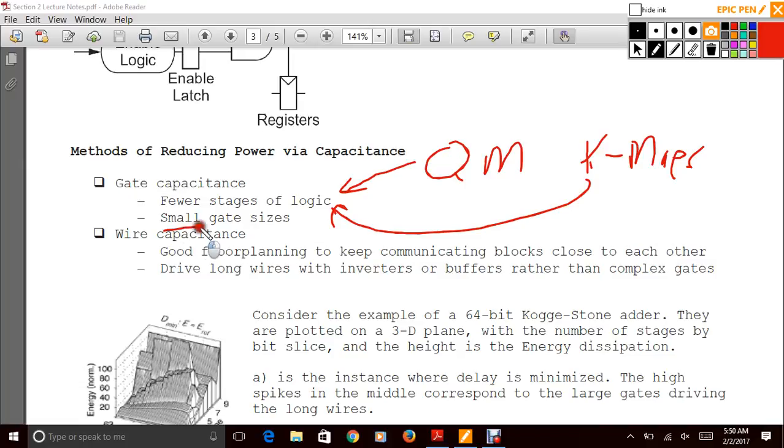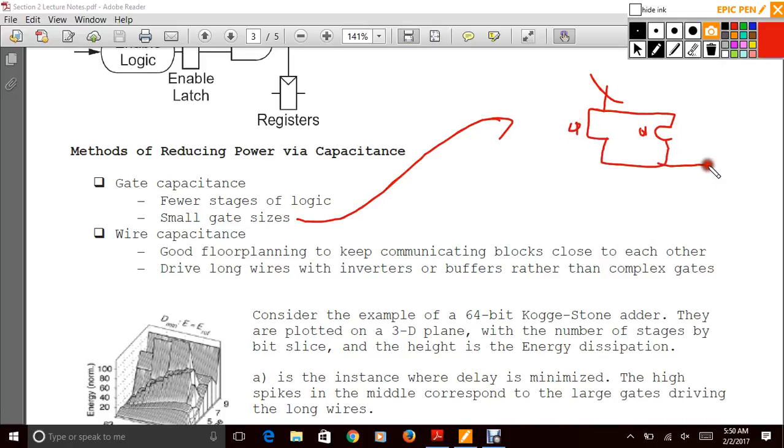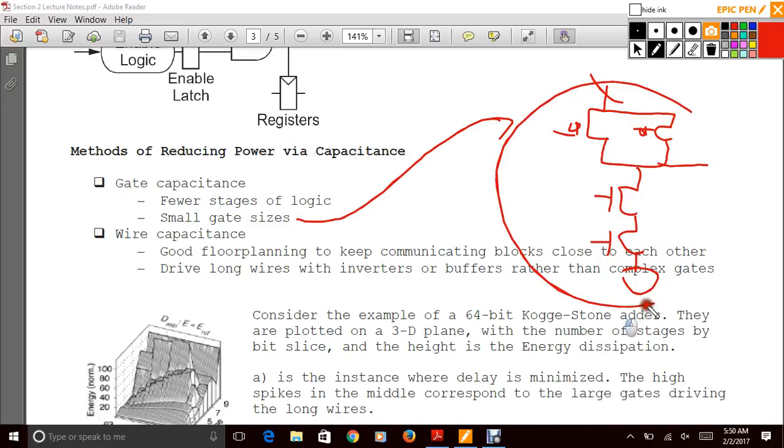And also smaller gate sizes. If you recall, I mentioned that you have an AND gate or a NAND gate here, right? This is going to be the output, and then we have our A and B inputs. These circuits are going to be smaller than AND gates.